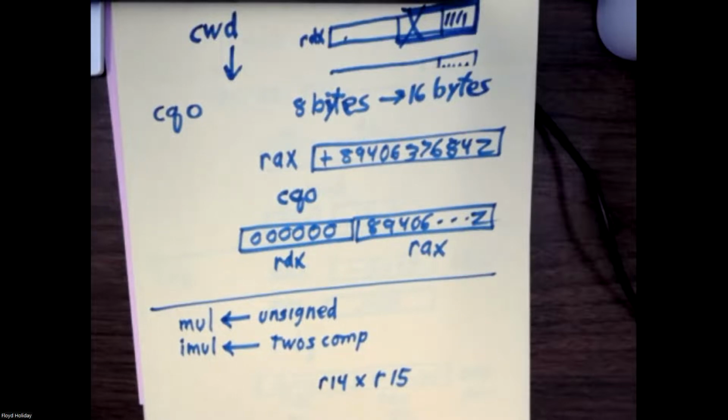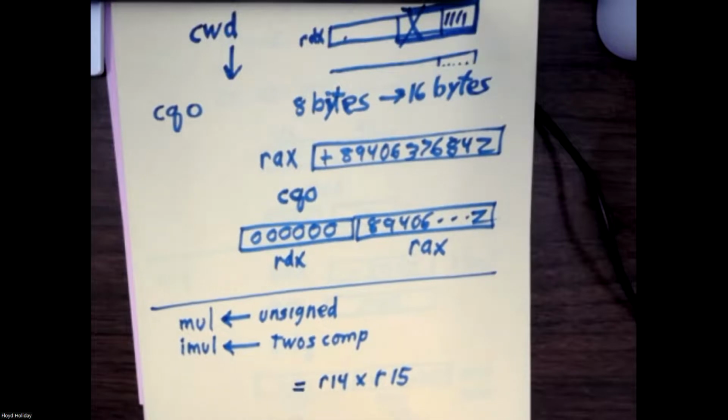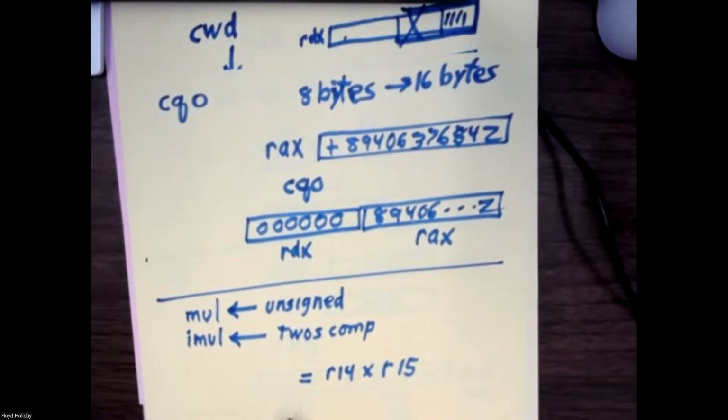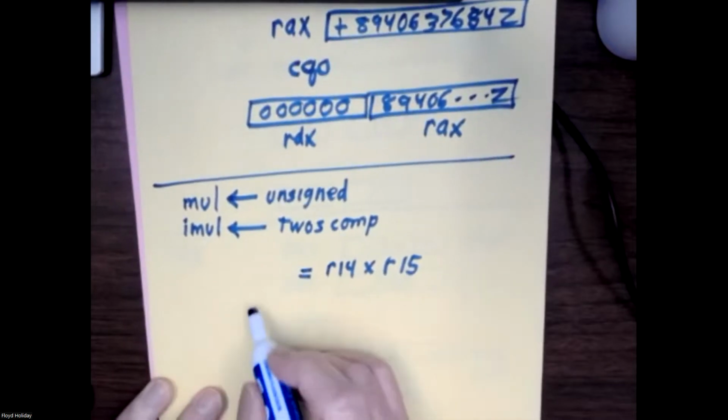You're going to get a huge number that won't fit in the answer register. The answer will have more bits than any one register can have. And so it's going to give you a split answer. I'll show you the source statements for it.